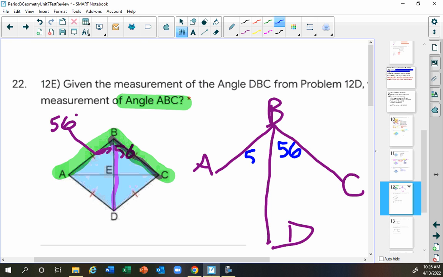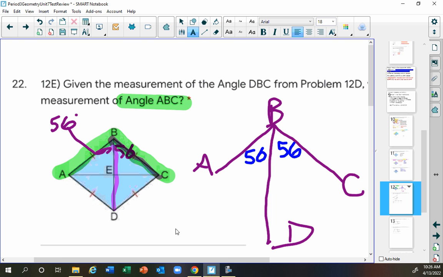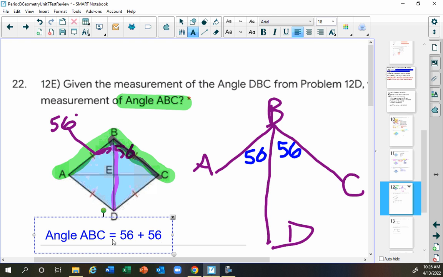How much? It's 112. ABC's the sum. Again, that's why we got to be careful with that outer angle. Angle ABC equals 56 plus 56, which equals 112.